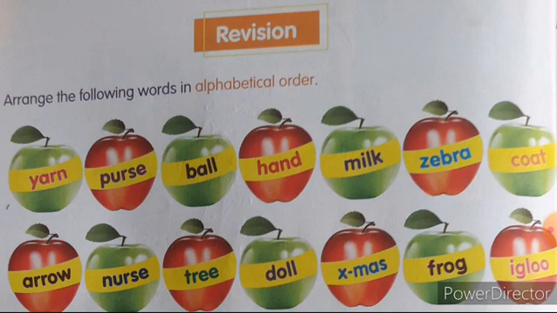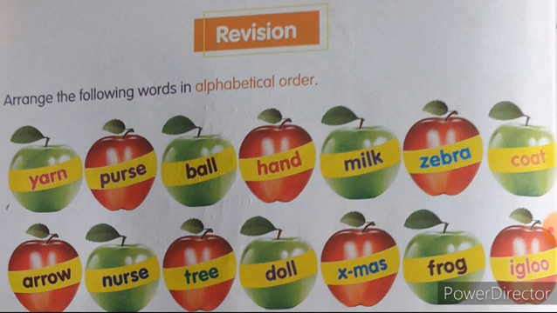According to that, you have to write the words in the boxes. All the 26 boxes are there. So how many letters are there in the alphabet? Yes, there are 26 letters. So you have to read each word, and then you have to arrange the words in order. Look at the first word, yarn.